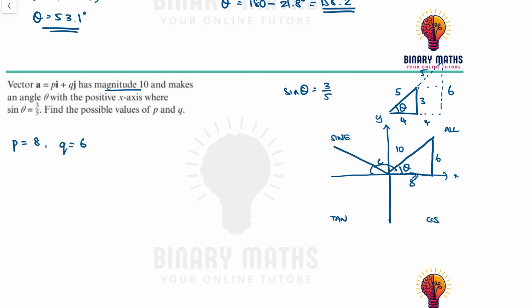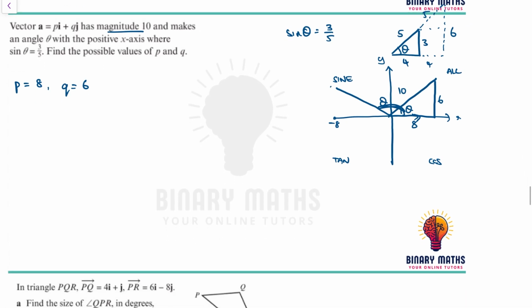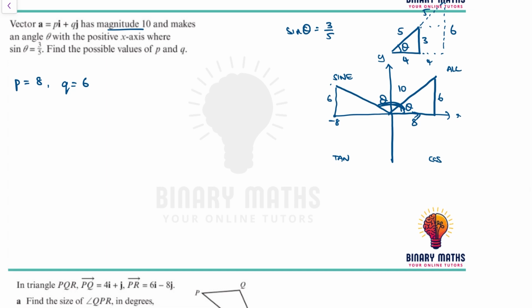So this theta will also give us another solution, even though it's obtuse. Here your x value will be -8 and your y value will be 6 still. So P is equal to -8 and Q is equal to 6 gives us another solution. So that's 2 solutions so far.